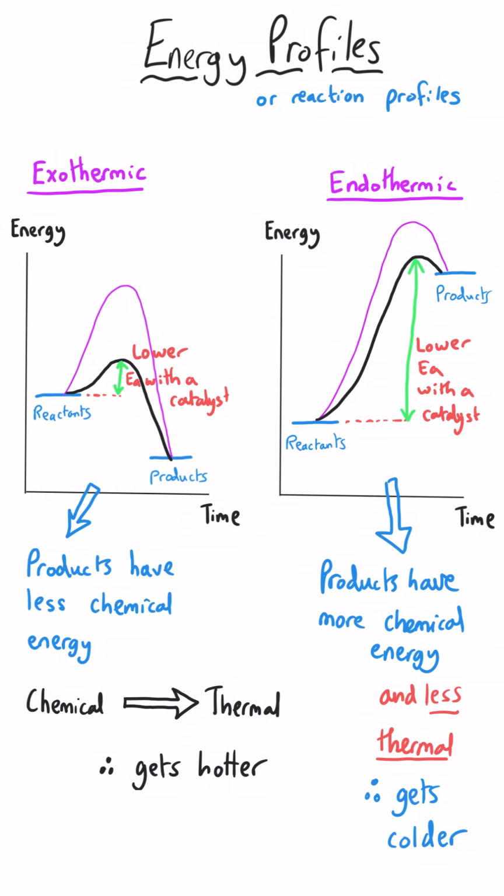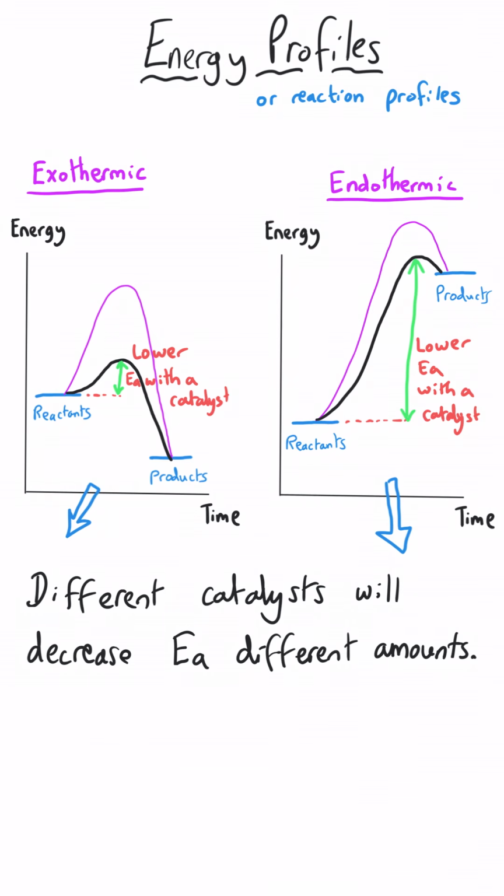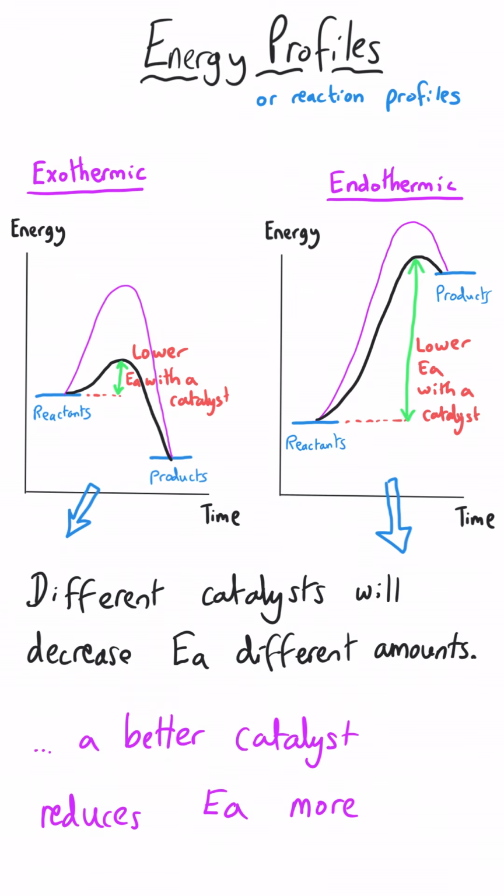And so the presence of a catalyst will definitely speed up the rate of a reaction. And the quality of the catalyst will be shown in the reaction profile by the amount that this activation energy has been reduced. A better catalyst will reduce the activation energy by a greater amount and lead to a greater increase in the rate of reaction.